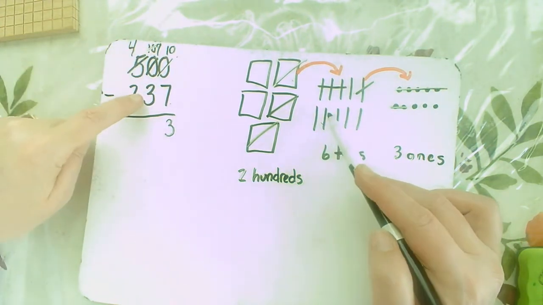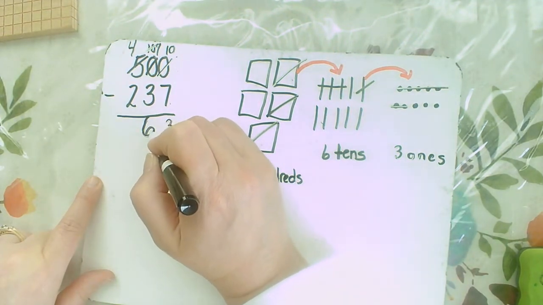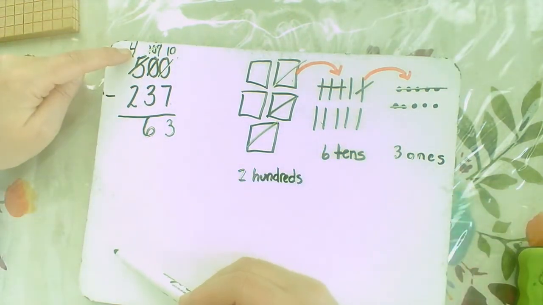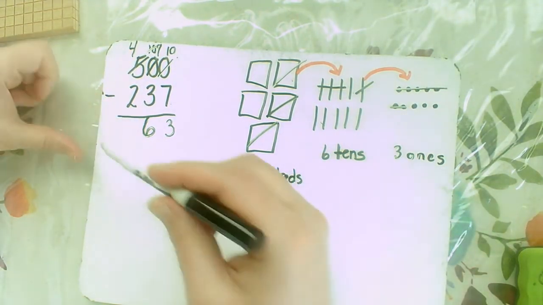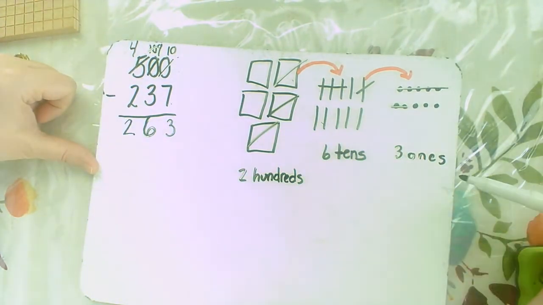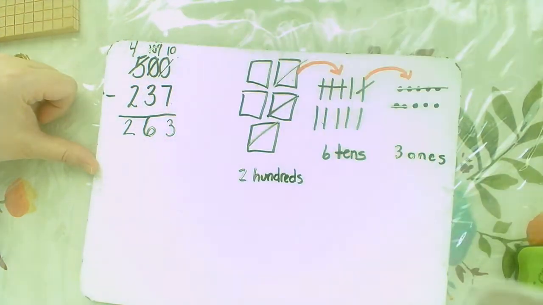So 90 take away 30 is 60, or 9 10s take away 3 10s is 6 10s. And then 400 take away 200 left us with 263. Okay, so these steps were important.